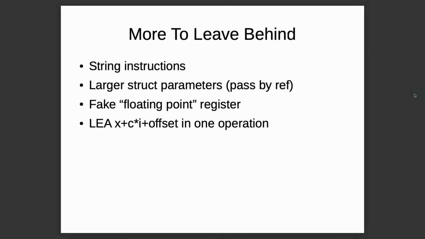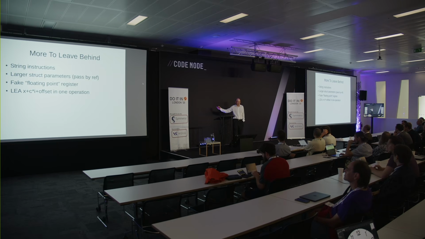On the x86, the floating point FPU cannot talk to the registers, so it would have a fake floating point register that can be used to transfer data between the floating point unit and the arithmetic unit. Don't need that anymore. And the last one: who doesn't know what the LEA instruction does?